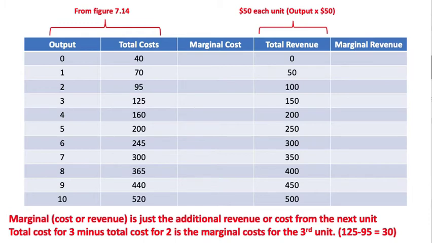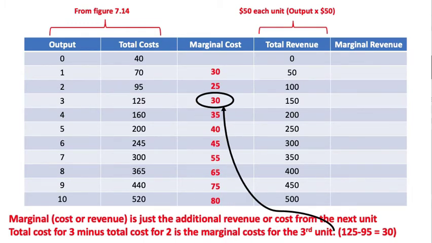It would just be the total cost of 125 minus the total cost of 95, which gives you 30. So the marginal cost for the third unit is 30. If you look at the rest of that column, you'll see 70 minus 40 would give you 30, 95 minus 70 would give you 25, and so on, all the way down to the 10th, which would be 520 minus 440, which would give you 80. So that's how you would calculate marginal cost.